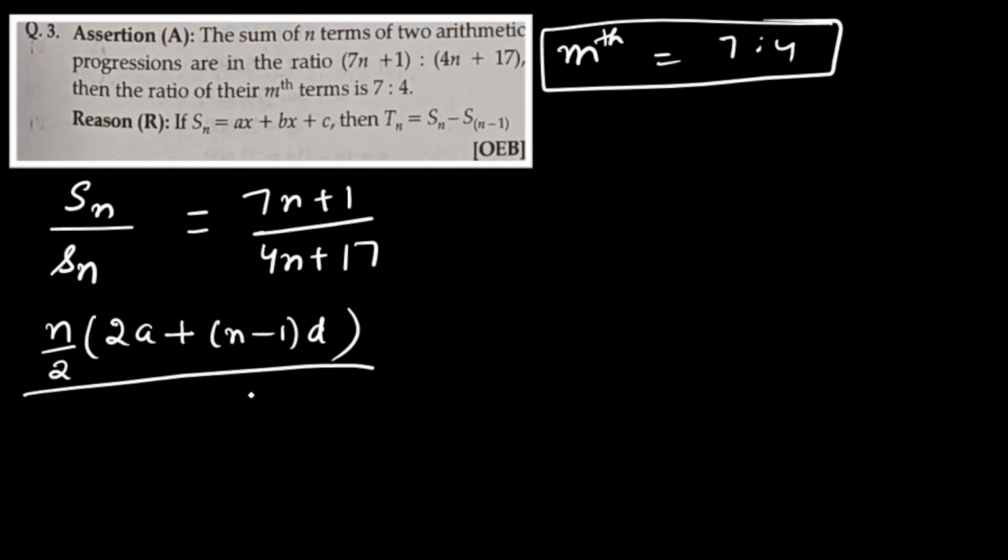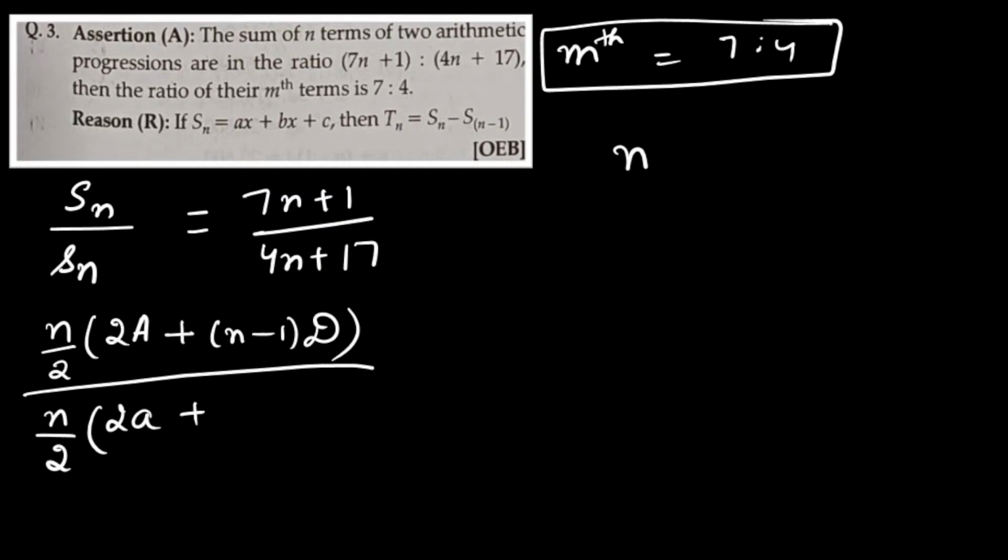N is the same, but a and d will be different. So I'm just using the formula here. For this also it is n by 2. For the first sequence, let us write with capitals so that there is no confusion. Suppose the first term is capital A and the common difference is capital D. For the second sequence, the first term is small a.